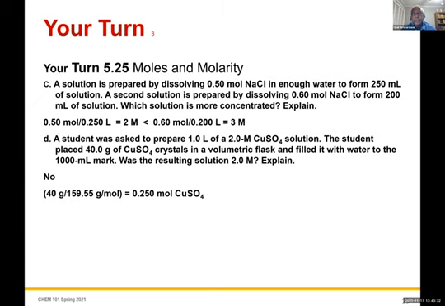If you were to get 2.0, it would have to have more copper sulfate dissolved in the solution, right? All right, so let's go to the next slide. So the copper sulfate solution is 0.250.